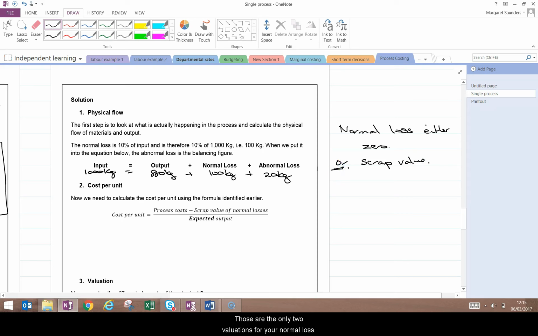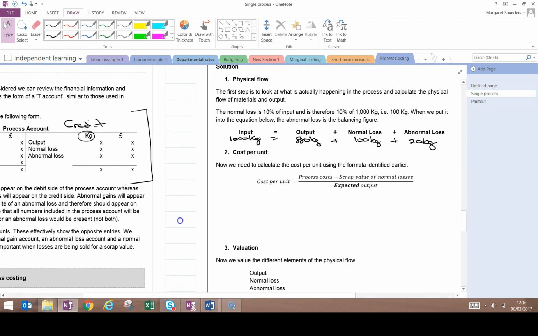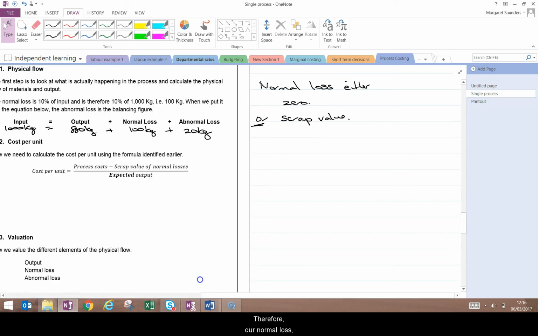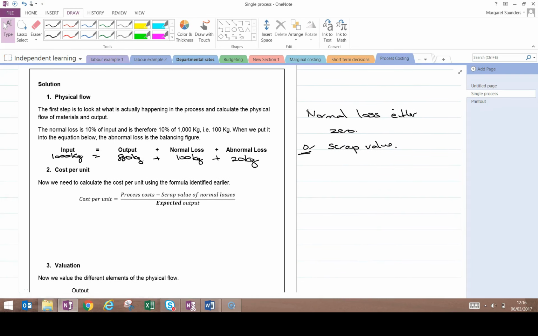Those are the only two valuations for your normal loss. Now if we just go back to our example, we were told that our losses could be sold at £8. So therefore our normal loss in this example, 100 kilos at £8, £800.